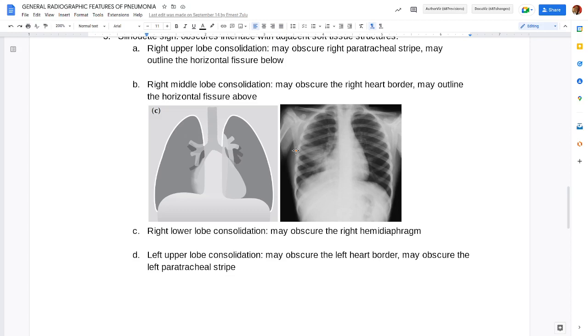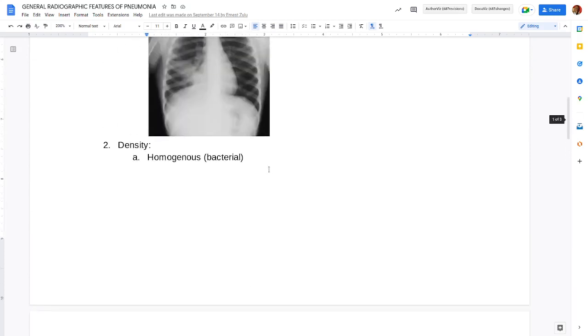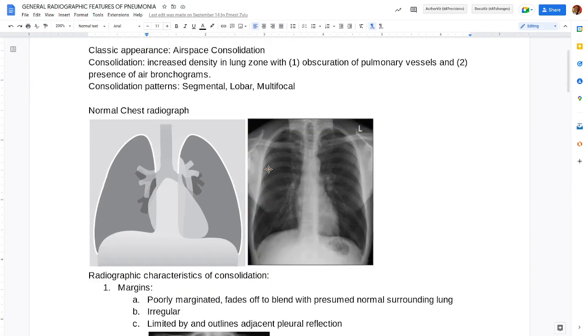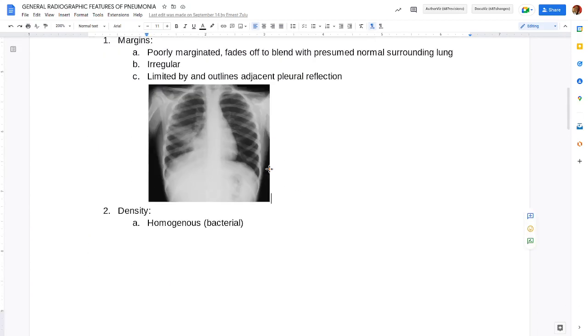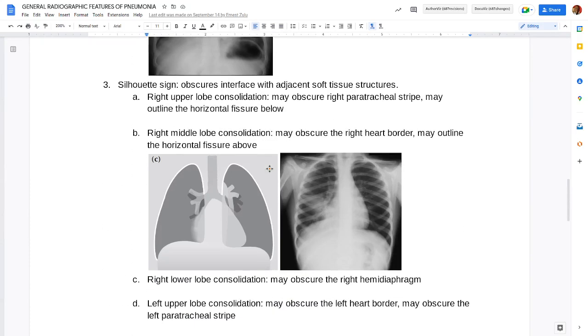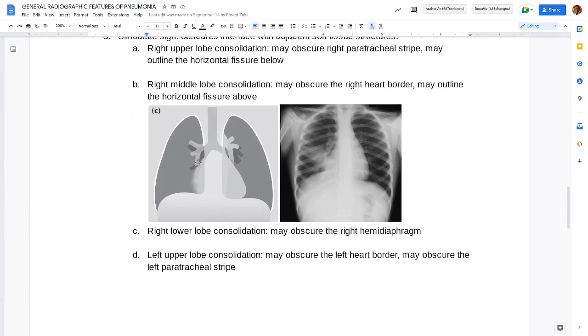Have you seen how it visually looks not very clear? It's not as sharp as it was looking in the normal. That same border, the right border of the heart. Look at it again. Especially this side, actually.